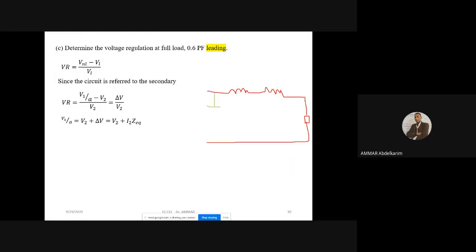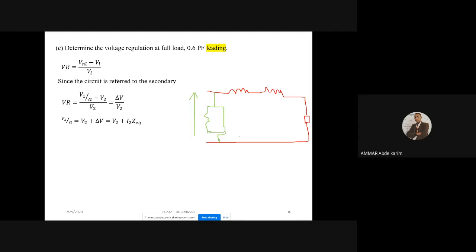The parallel branch's effect can be neglected in the approximate circuit because the voltage across the primary and across the parallel branch is the same. So we can neglect its effect.